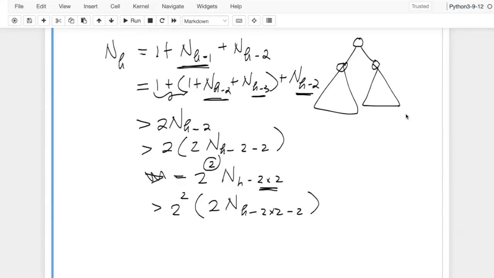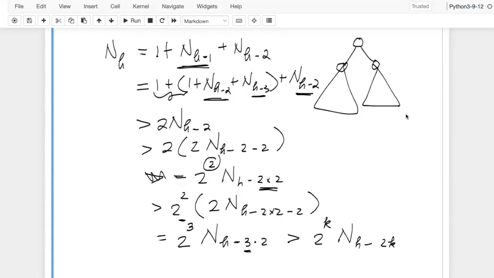So it is now going to be 2 to the 3 and n_(h-3 copies of 2), so it's 3 times 2. This 3 and that 3 are the same. That means that after k iterations, you have 2 to the k times n_(h-2k).